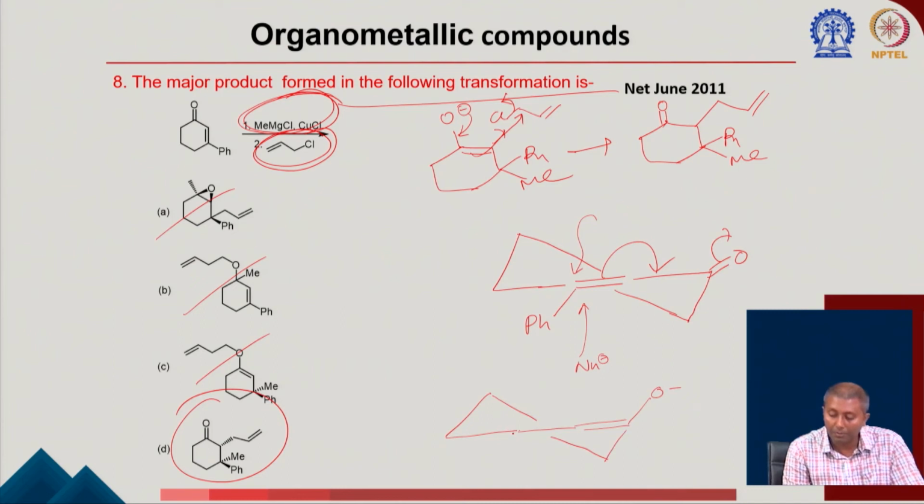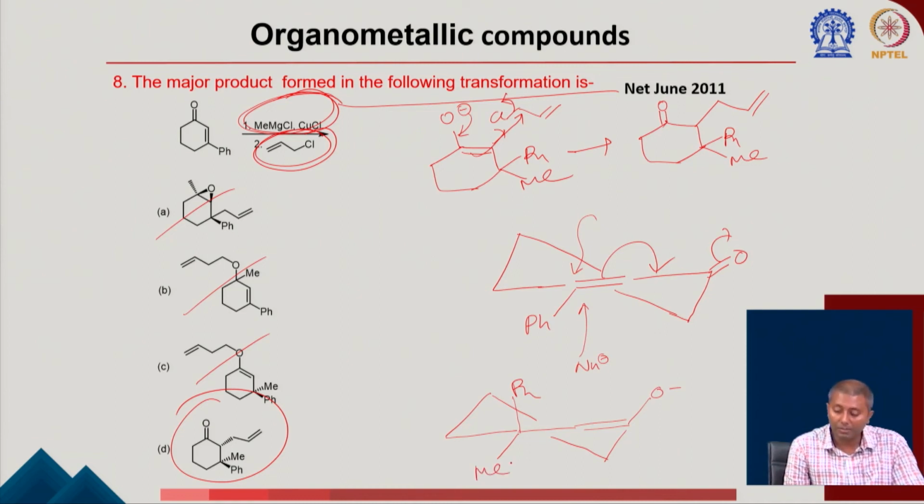Either way you attack, the phenyl and the nucleophile will be on the opposite phase. If your phenyl is here, then your nucleophile approaches from here, if the nucleophile is methyl.